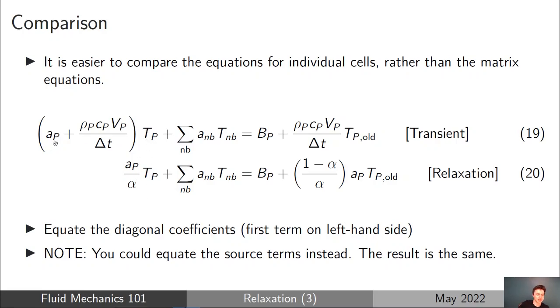So I'm going to equate AP plus rho Cp Vp over delta T with AP over alpha, to actually see mathematically how they're linked. And just a side note here, you could also do the same thing with the source term. You could equate the source terms together and you'd get exactly the same result. Either will work, but I'm just choosing to use the diagonal coefficient here.